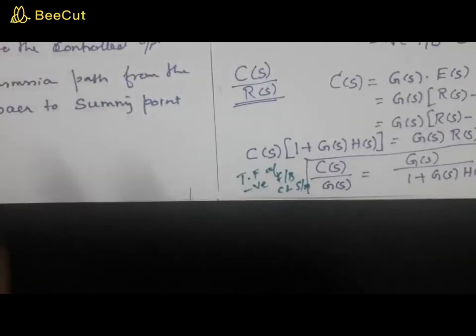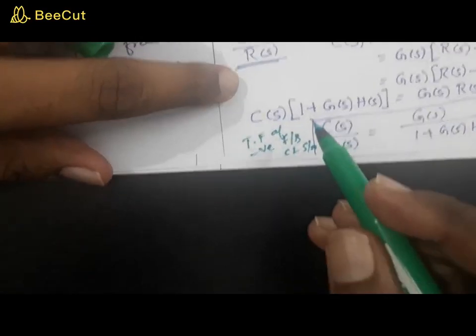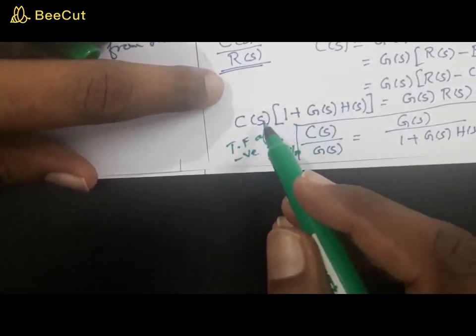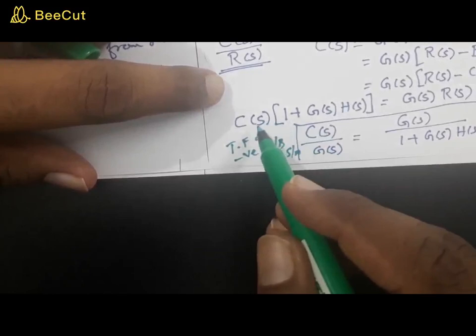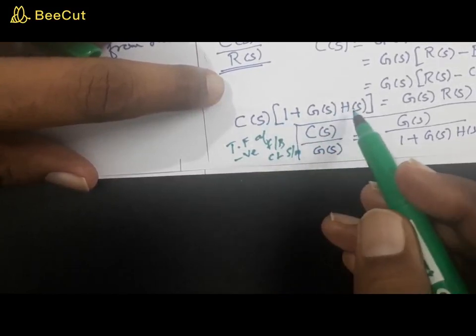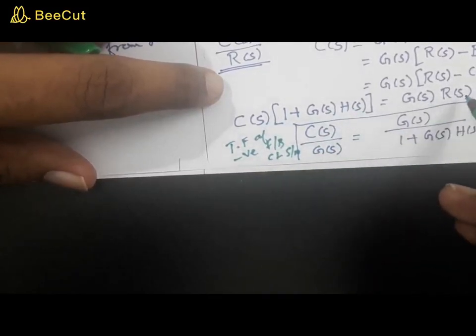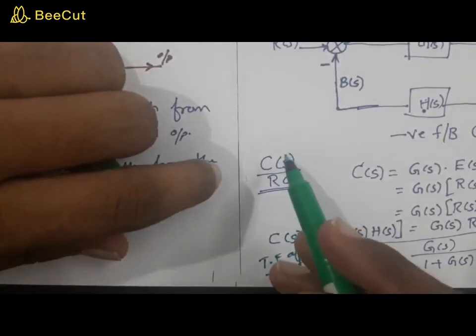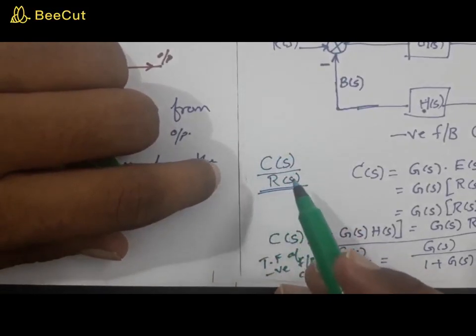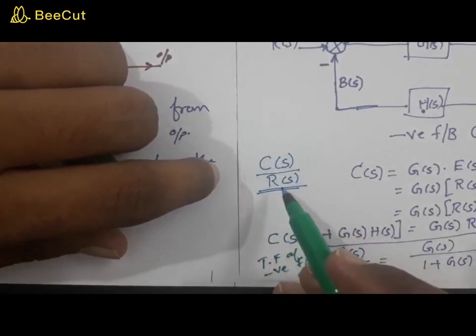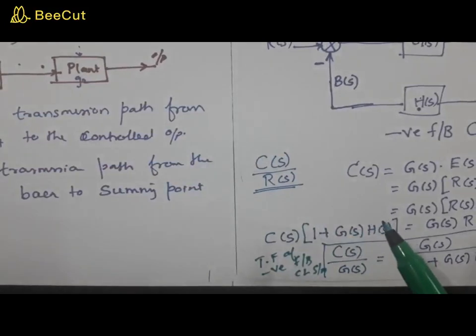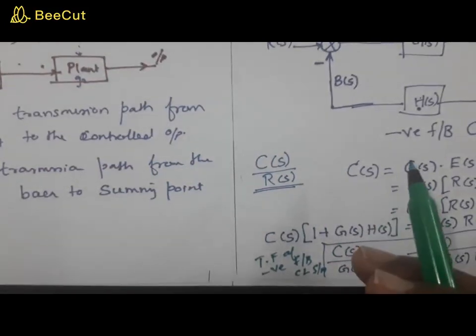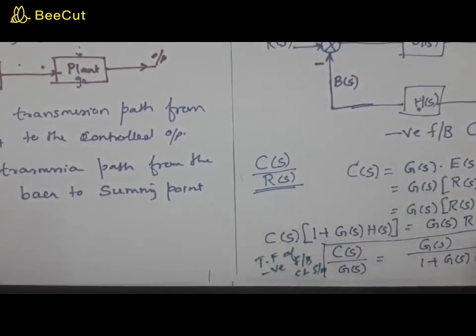Now there is a correction here. I will explain once again. Up to this you might have understood: C of s into 1 plus G of s H of s equal to C of s R of s, and you need to bring this R of s to here. The transfer function is defined as C of s by R of s, right?